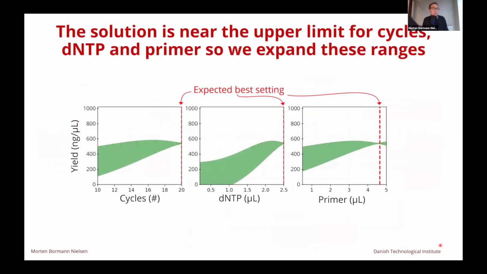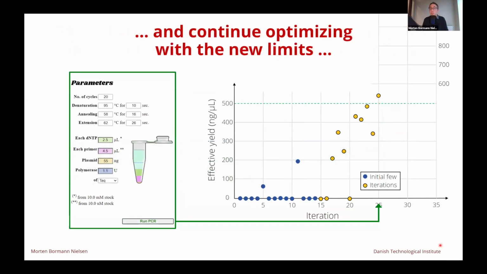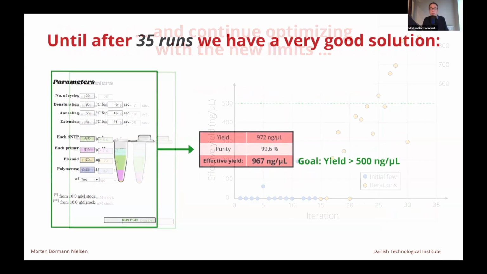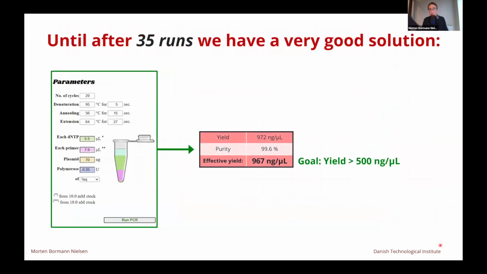So right now, the expected best setting is at the upper limit of 3 of our factors. And it turns out in this case, we can expand the space further in that direction. So we'll do that and see where we can go from there. So sticking to the same approach, drawing one experiment at a time, after 35 runs, we get to a yield that is almost twice our initial goal.